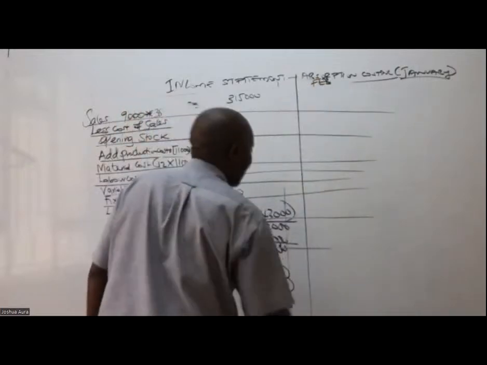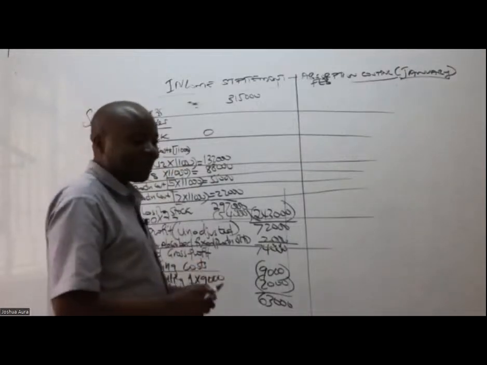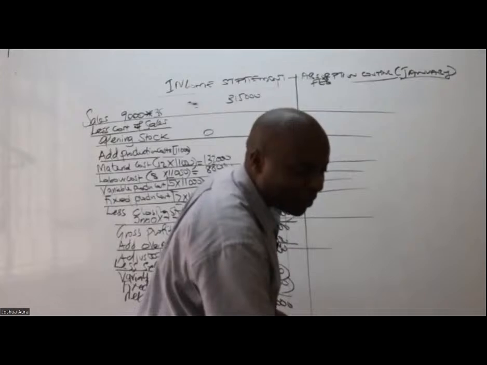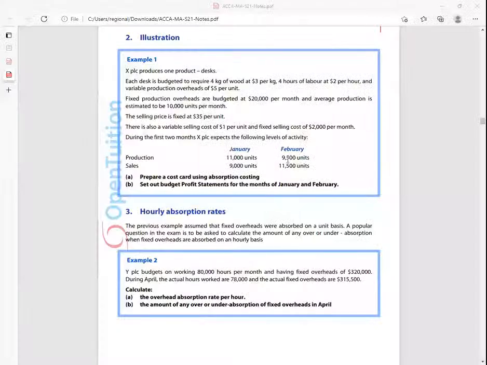Great. Now for February, is there somebody who is able to see the number of units that we sold in the month of February? Are you able to see 11,500? So we sold 11,500 here, times the selling price fixed at 35.